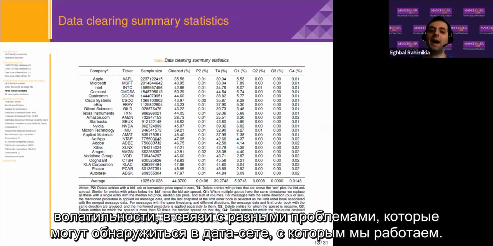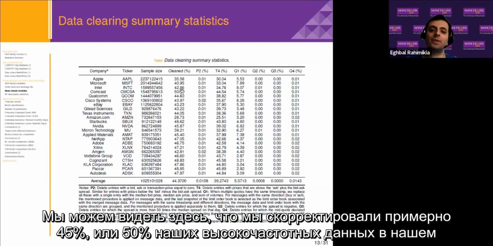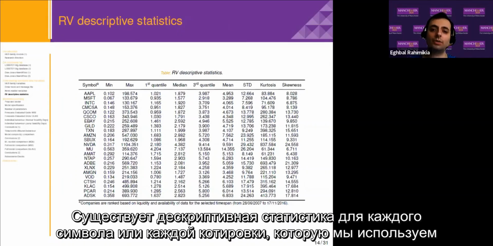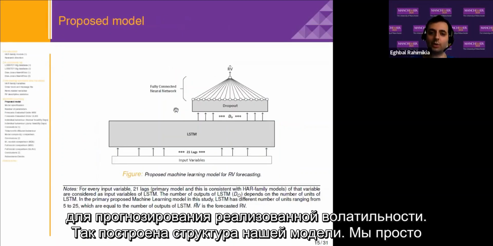So we can see we are cleaning nearly 45 or 50% of our high frequency data. Now our data is clean and ready to use. These are the descriptive statistics for every symbol or ticker we are using for realized volatility forecasting.